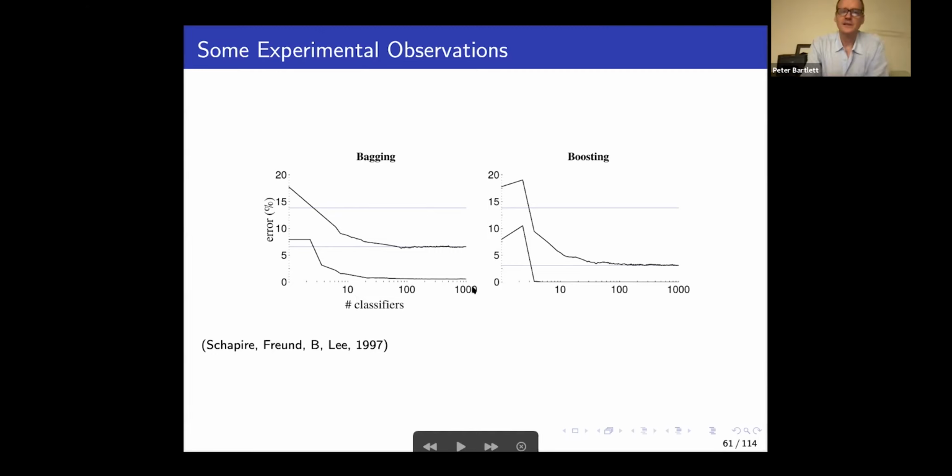Bagging is doing something similar with a different algorithmic approach. Wee Sun Lee was an author on this paper. So this was an observation back in the late 90s about these approaches. The plots here are showing iterations of the algorithm. The bottom line is the empirical risk, and the top line is an unbiased estimate of the risk.